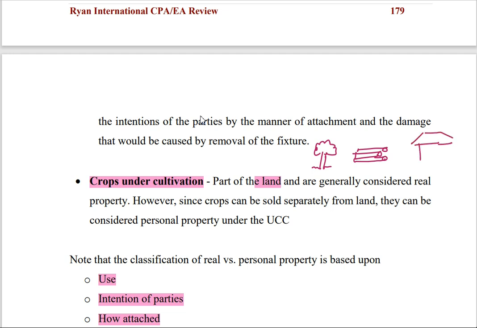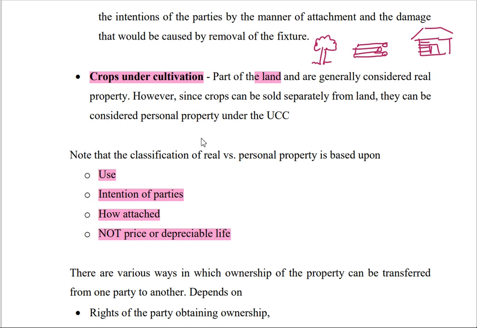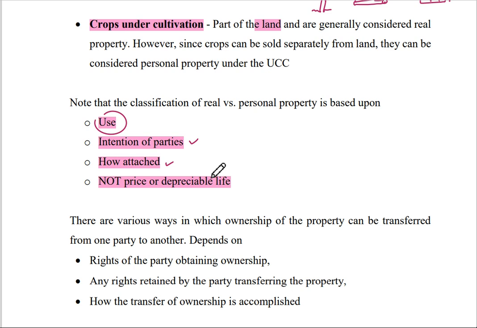Then of course it becomes a part of real property, and the wood here becomes real property now. So basically, the classification of real property is based on the use, the intention, how it is attached, and what the depreciable life is and things like that.